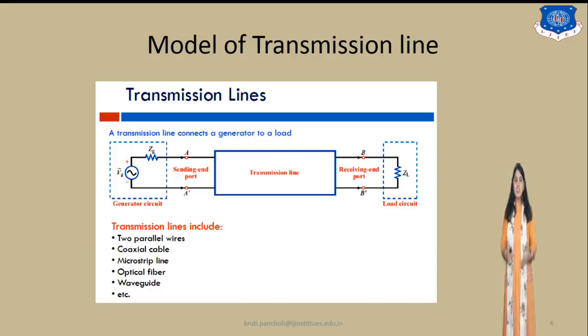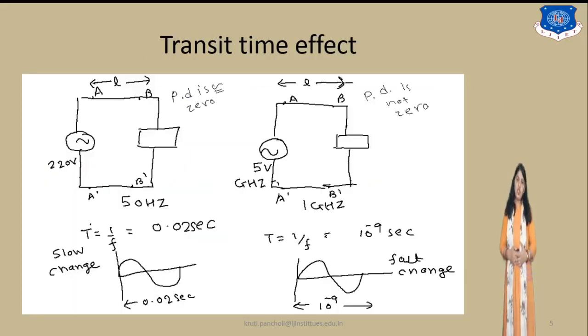This transmission line includes two parallel wires, coaxial cables, microstrip line, optical fiber or waveguide, etc. So it's a common diagram of the transmission line and how it connects the source to the load.